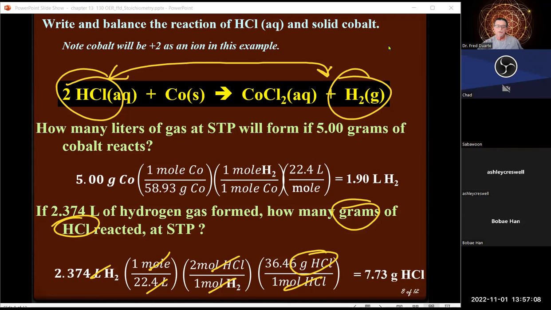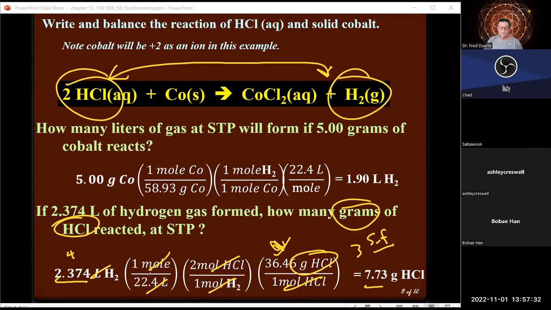Now, note carefully here that with respect to sig figs, we have 3 sig figs in the answer. The 2 and the 1 are exact, and atomic weights are not utilized for sig fig purposes, but we have 2.374 over here to begin with, which is a measurement.